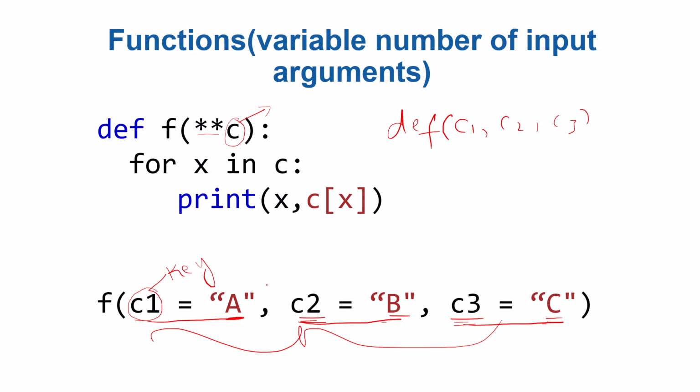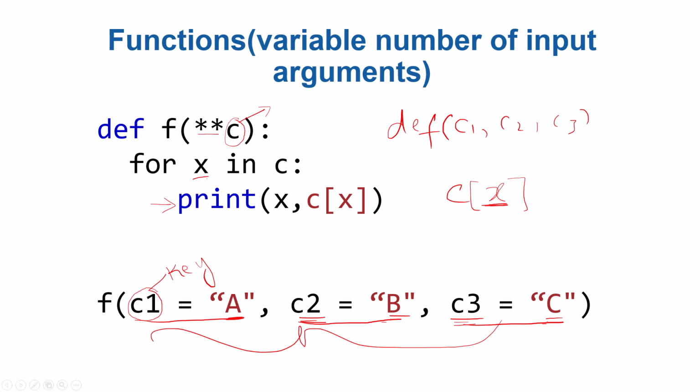This is key, this is value, this is key, this is value. This X points to the first key, then C of X points to the value based on the key X, and then X points to the second key, then the second value, and so on. That is a very simple procedure. You are just printing all the variable names and their values, but you can do very complicated processing if you want to.